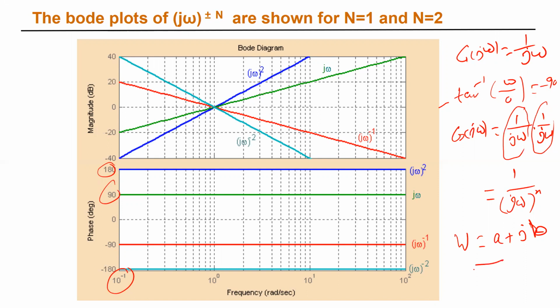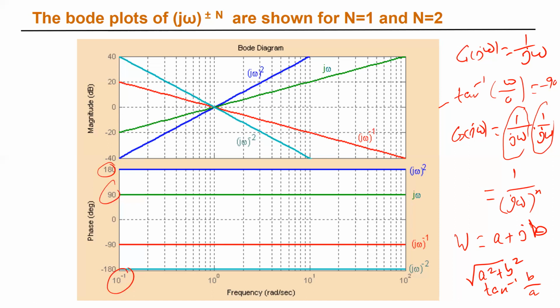The magnitude will be the square root of A squared plus B squared. Do you agree? How about the phase? Tan inverse of the imaginary over the real. In this case, the imaginary coefficient will be omega and the real equal to 0. You don't take the j, you take only the number associated with it.